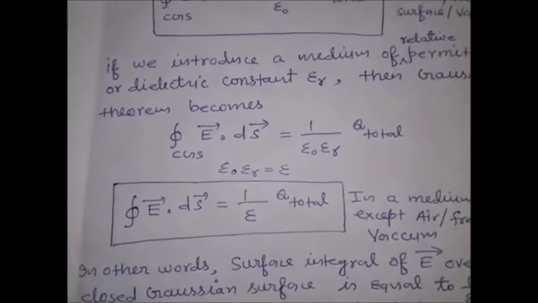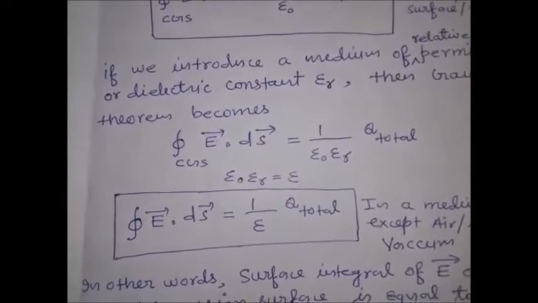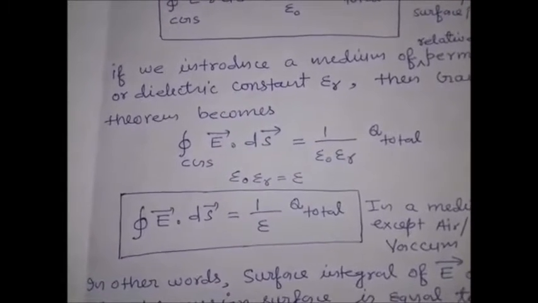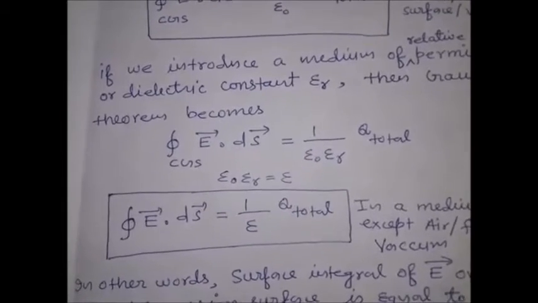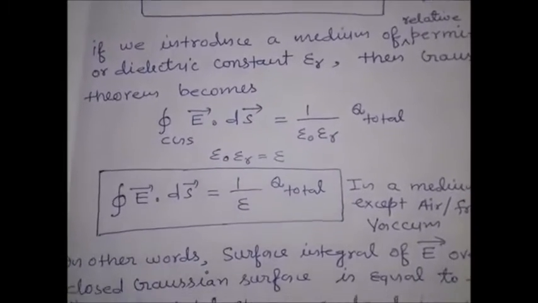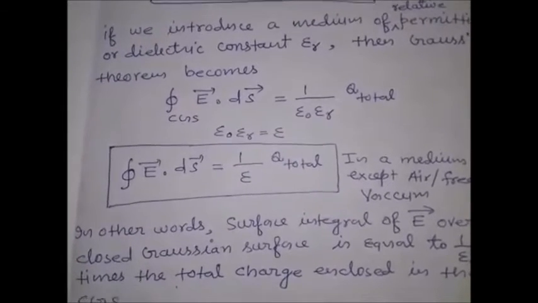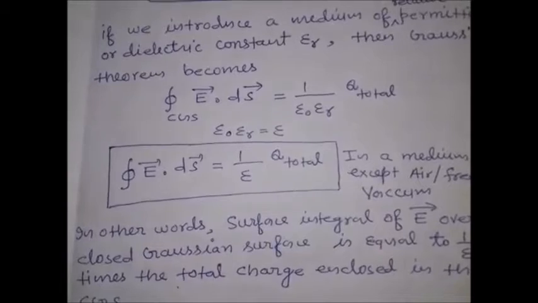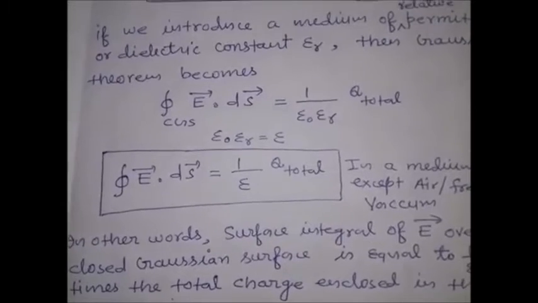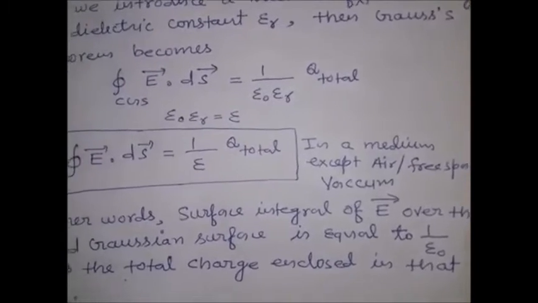Okay, here epsilon is the absolute permittivity of the medium, epsilon naught is the absolute permittivity of air, free space or vacuum, and epsilon r is the relative permittivity of the medium or dielectric constant of the medium. So you can see integration over closed surface E dot ds is equal to 1 upon epsilon q total. This is the mathematical expression for Gauss theorem in a medium except air, free space or vacuum.